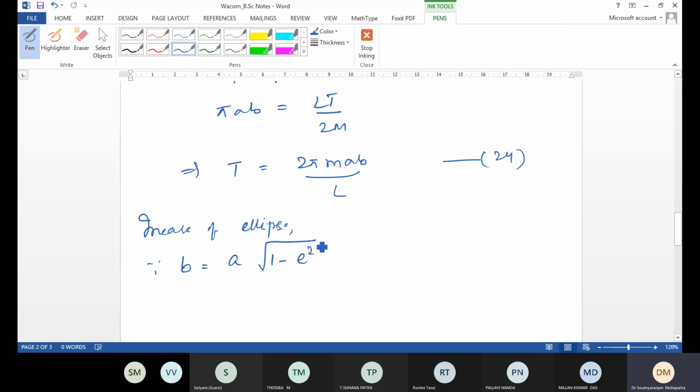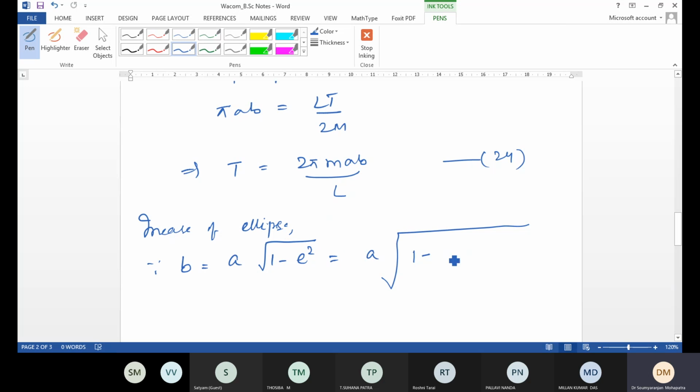So this is the relation of B with A and eccentricity. Just substitute this E value here. If you do the mathematical calculations, you will get A root over of 1 minus E square, and the E value is root over of 1 plus 2EL square by MK square.